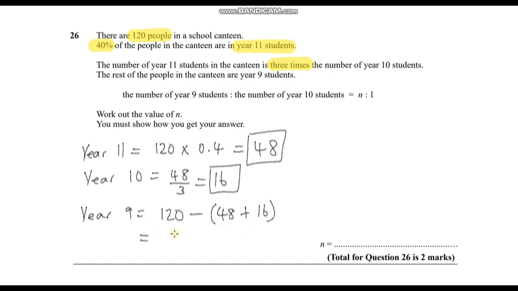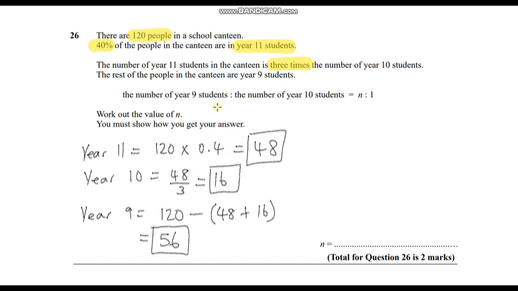And if we take that away from 120, that will leave us with 56. I'll just put that into a calculator to double check. 120 minus 48 plus 16. And yes, it does give us 56. So there are 56 year 9 students.